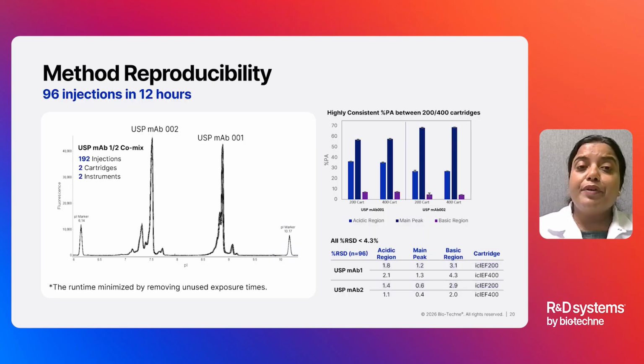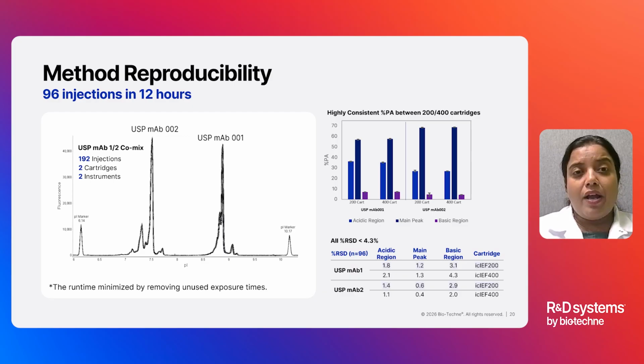When we look at the reproducibility of the supersonic icIEF method across high throughput testing, in this study, 96 injections were completed in 12 hours with a total of 192 injections across 2 cartridges and 2 instruments. The electropherogram on the left shows consistent separation of USP-MAB 001 and USP-MAB 002 standards with well-defined peaks and a stable PI marker.